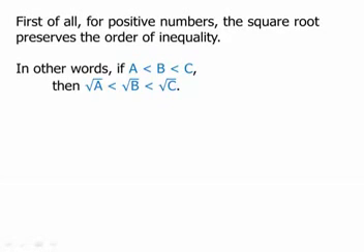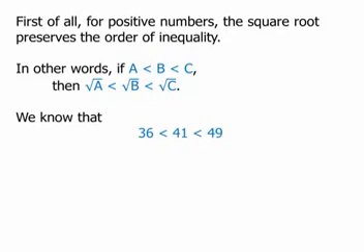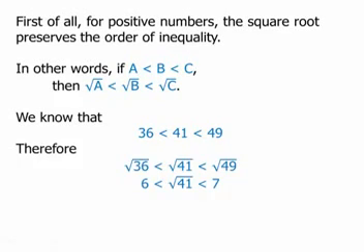If you have an inequality, you can take a square root of each term and it still preserves the order of the inequality. So we know that 41 is greater than 36 and less than 49. It's between those two numbers. So we can just simply take a square root of all three of those. And of course, the square root of 36 and the square root of 49 we can simplify.